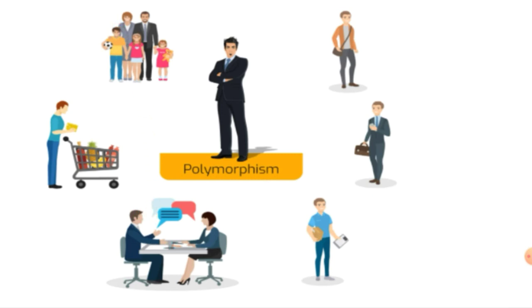Like this, he has different types of behavior. When you are at home, you behave like a son or daughter. So one person presents different behaviors in different places or environments. So this can be the perfect example for polymorphism.